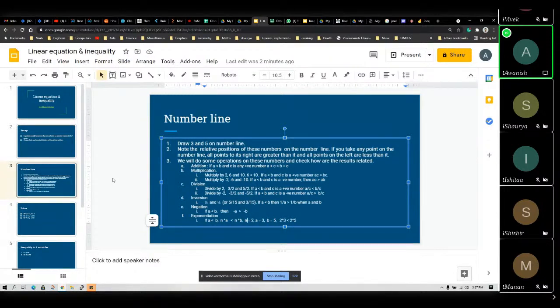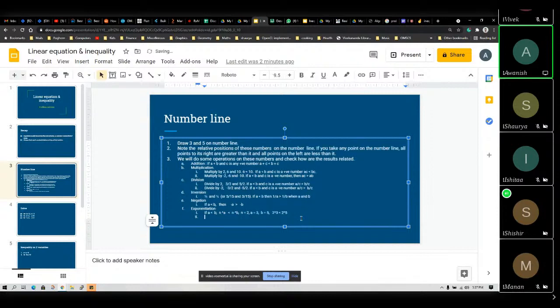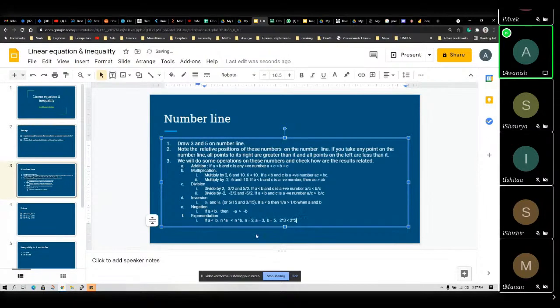There can be cases when both are negative, or one is on the negative side and one is on the positive side. I just wanted to push through all possible scenarios of positive and negative numbers. So, let's maybe add a new sheet because this is getting too small.